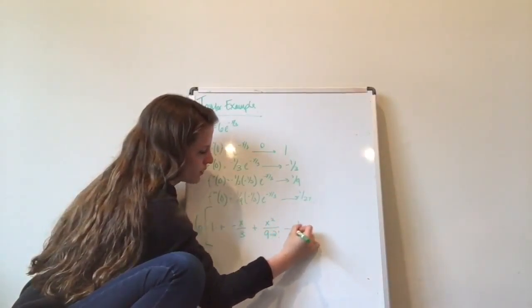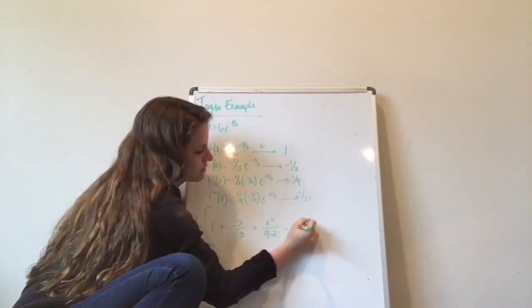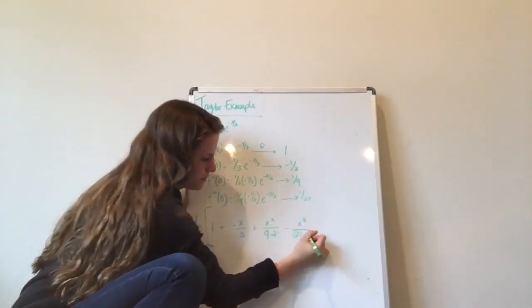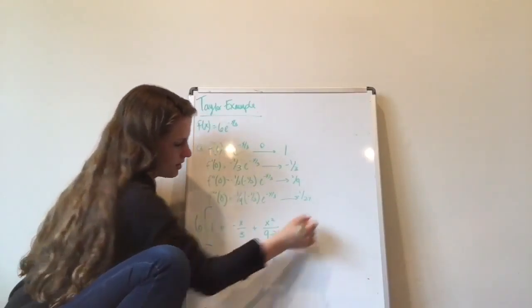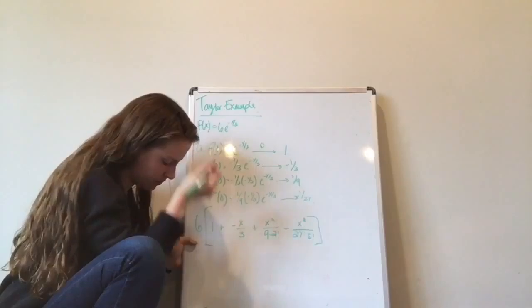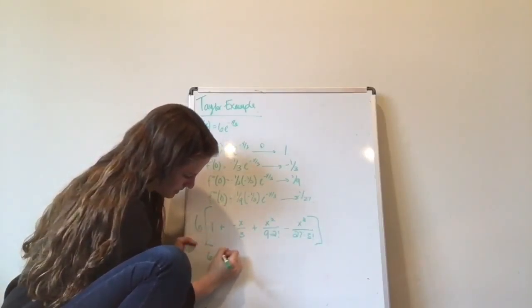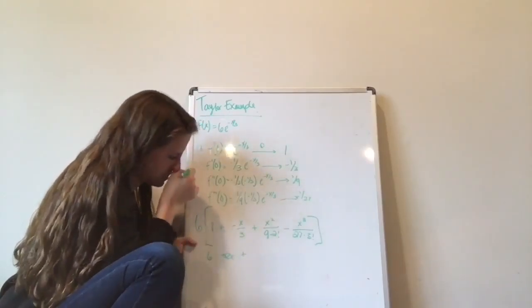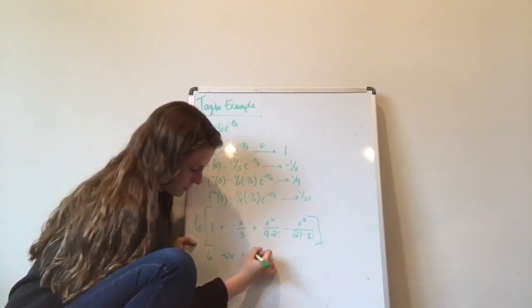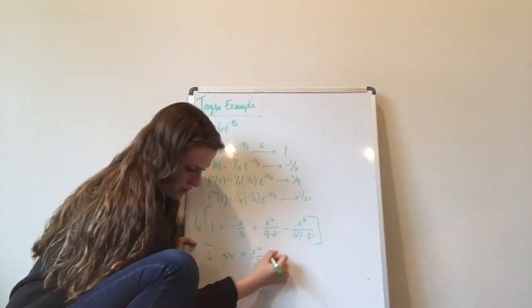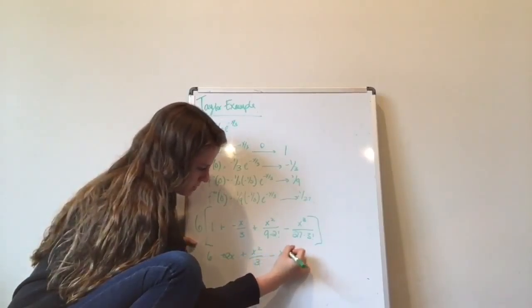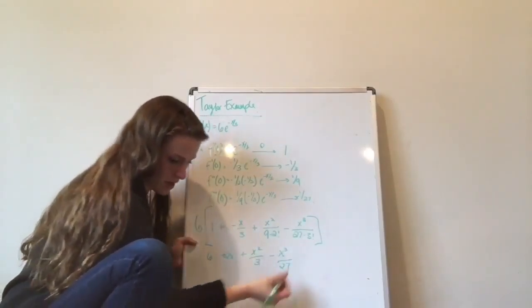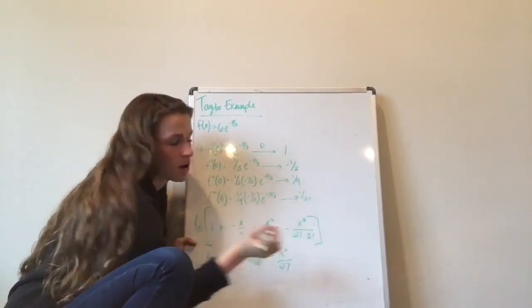Minus 1 over, x to the 3rd over 27 times 3 factorial. Okay, and then once you solve that out, you get 6 minus 2x plus x squared over 3 minus x cubed over 27. Okay, and that's just your first 4 terms, but it will go on if we were looking for all the other terms.